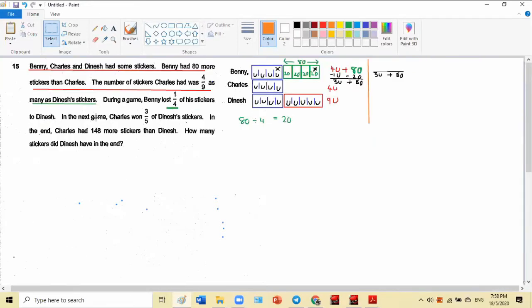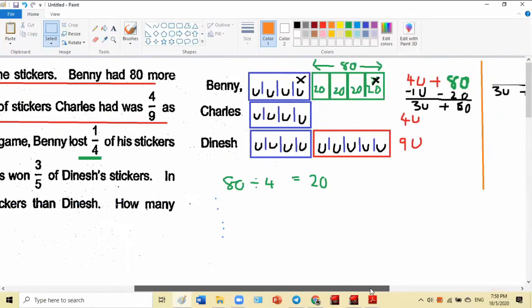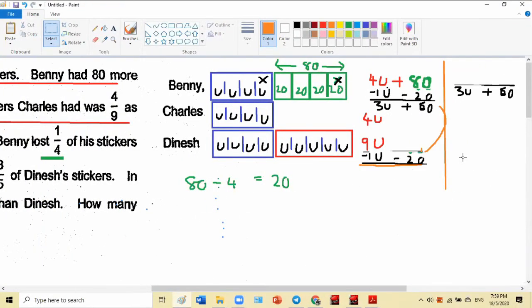To Dinesh. That means what is going to happen to Dinesh? It's going to add something, right? Add what? What Benny lost is 1 unit and 20, and it must be gained by Dinesh, not a minus. What Benny lost, you gain.